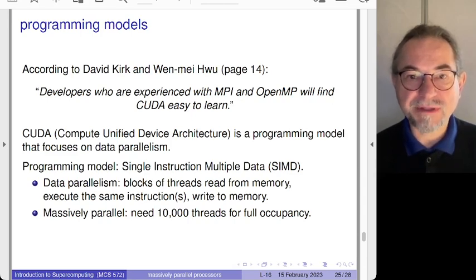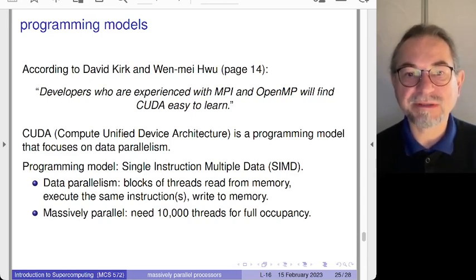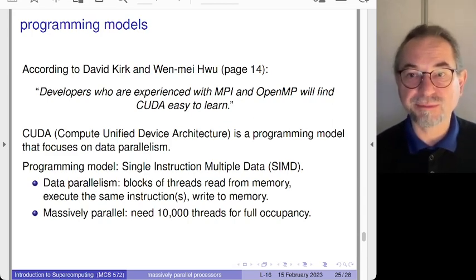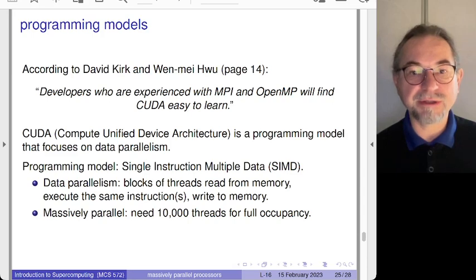Warps are blocks of threads that execute the same instruction. And by the same instruction, it also has to be organized such that they read from memory in groups. So the memory has to be aligned properly. They also write to adjacent memory locations.